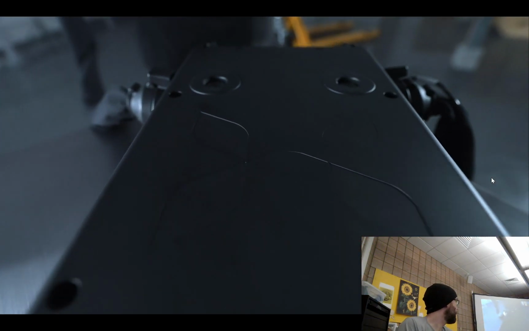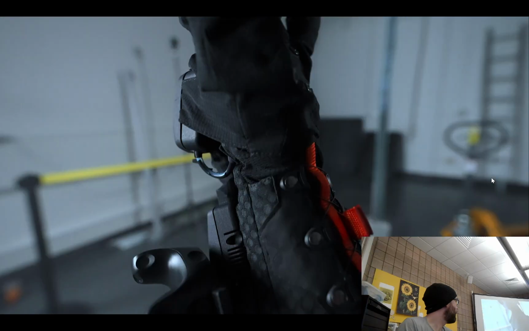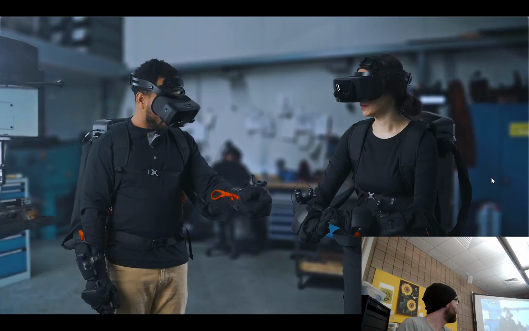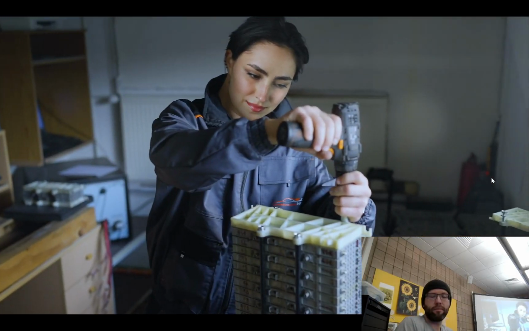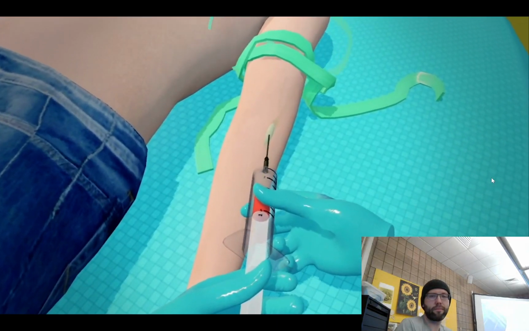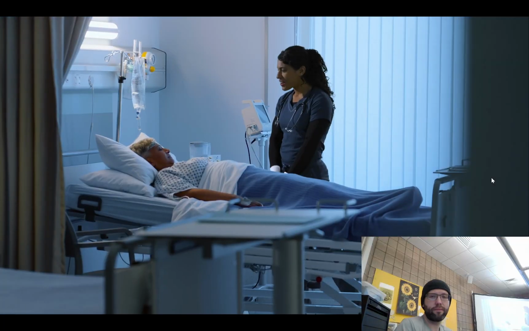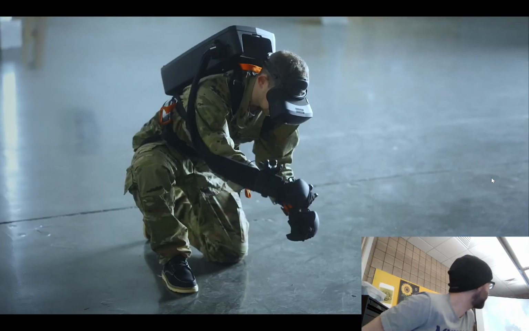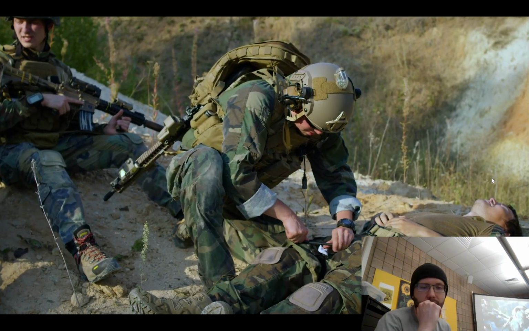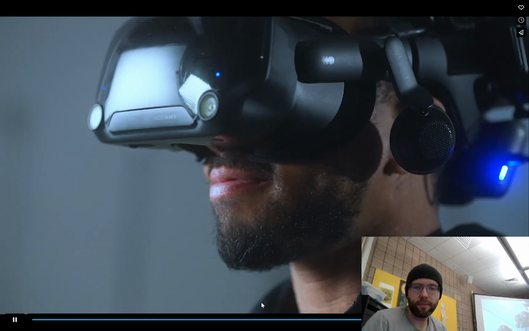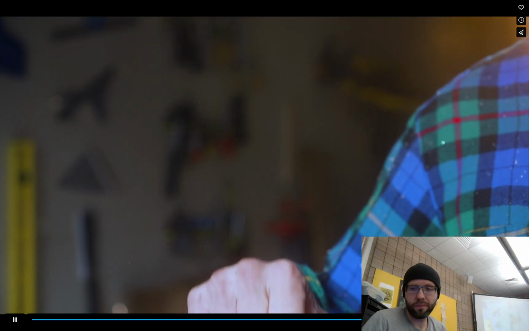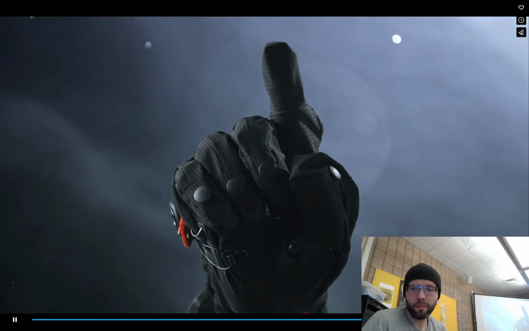We designed G1 from the bottom up to support the most demanding work. Industrial, medical, defense, and beyond. Order Haptex Gloves G1 now and get the best out of your most important tool, your hands.